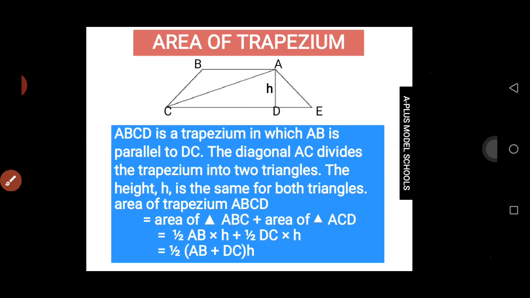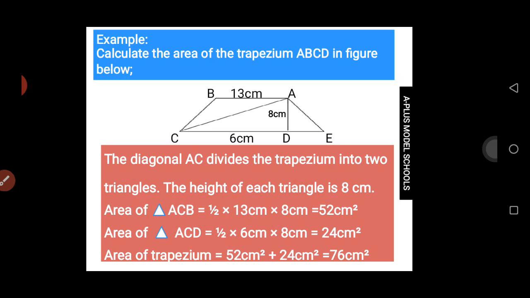So that is the formula for finding the area of a trapezium, which is half open bracket AB plus DC close bracket H. Or you can say that your formula is half open bracket A plus B close bracket H. Now let's look at examples.